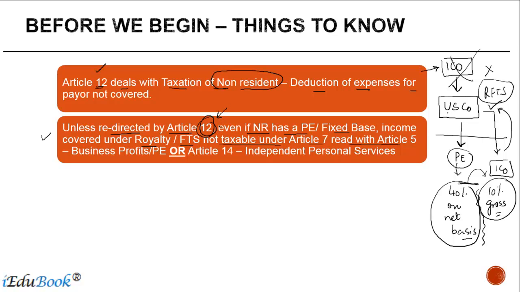Unless within Article 12 you have a clause which says that if the non-resident has a PE or a fixed base, and depending on whatever conditions are specified there, you have to move on to Article 7 or Article 5, you will stick on to Article 12. We will look at this when we see the clause relating to this later in the presentation, but Article 12 is a complete code in itself unless it asks you to go elsewhere.